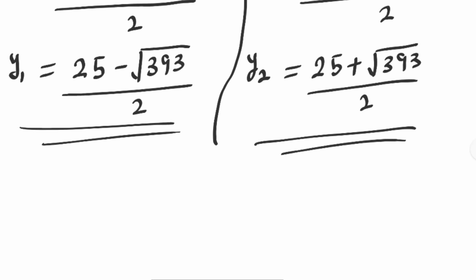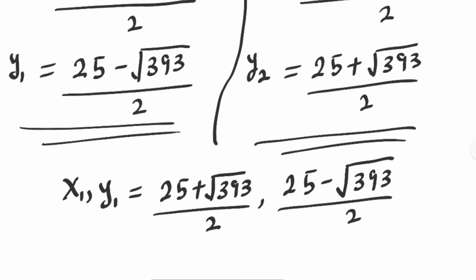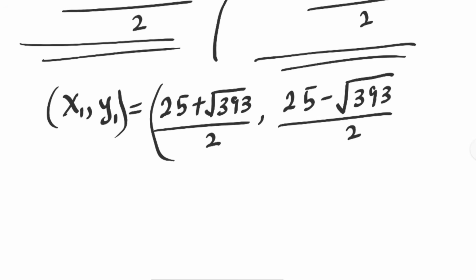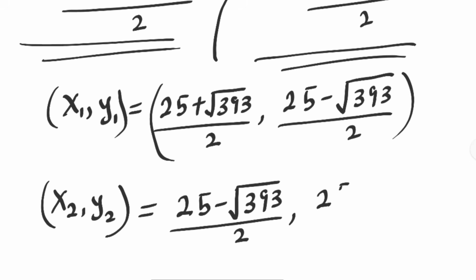Therefore, our final answers are x1, y1 is equal to 25 plus root 393 divided by 2, 25 minus square root of 393 divided by 2. x2, y2 is equal to 25 minus square root of 393 divided by 2, 25 plus square root of 393 divided by 2.